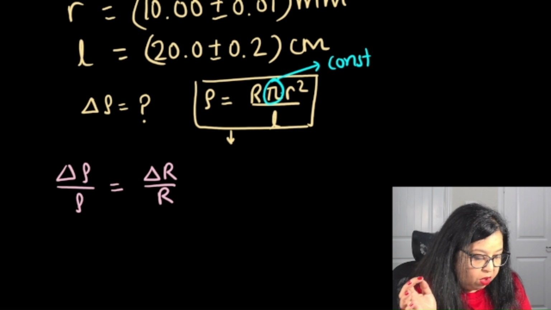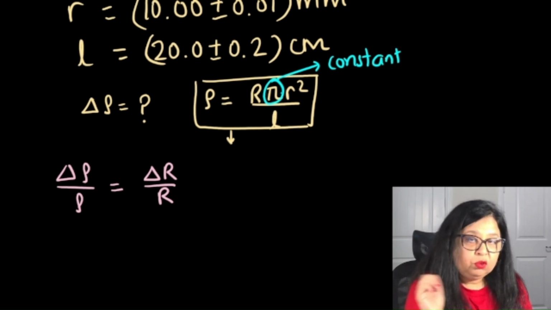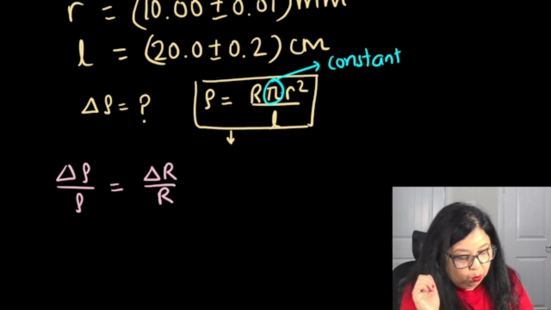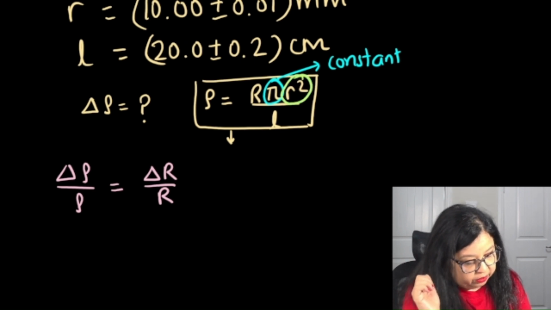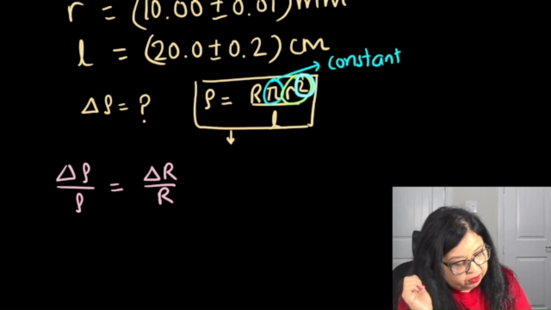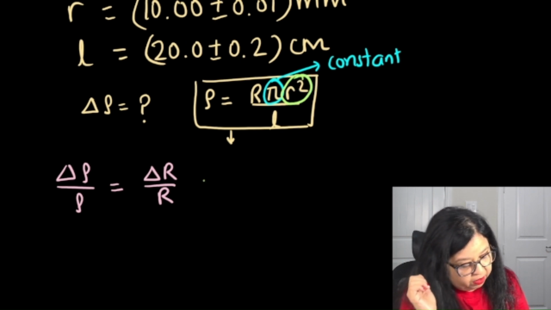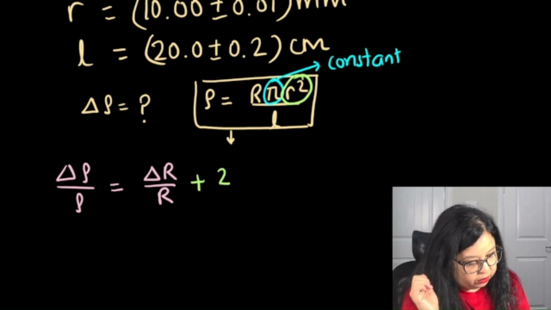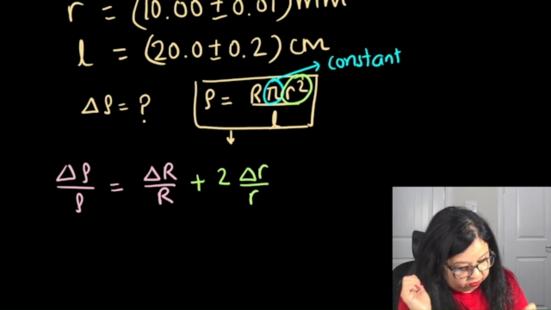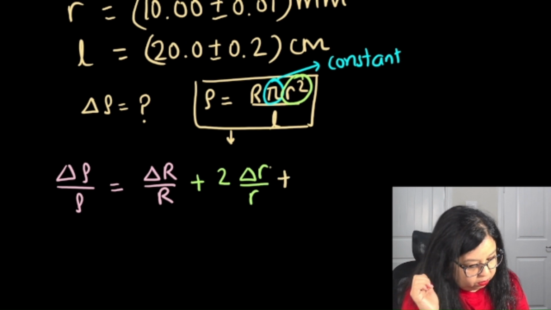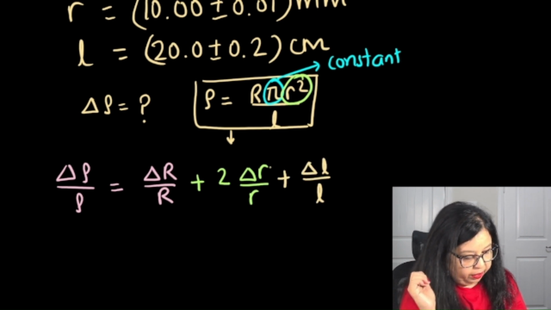What is the uncertainty in a constant? 0. So we don't need to bother with this. Moving on to this r squared next, the power 2 comes out as the coefficient times delta lowercase r over r, plus delta L over L.